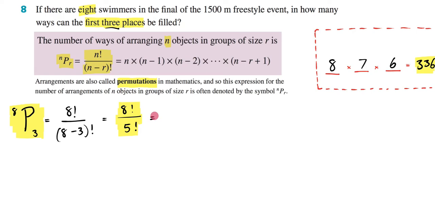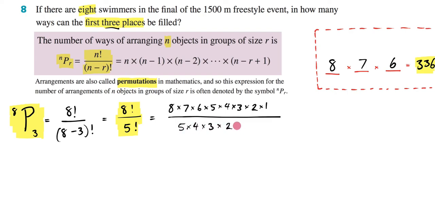Let me write out 8 factorial. So that's going to be 8 times 7 times 6 times 5 times 4 times 3 times 2 times 1, and I'm going to divide that by 5 factorial. So that's going to be 5 times 4 times 3 times 2 times 1. Now, what will that equal?